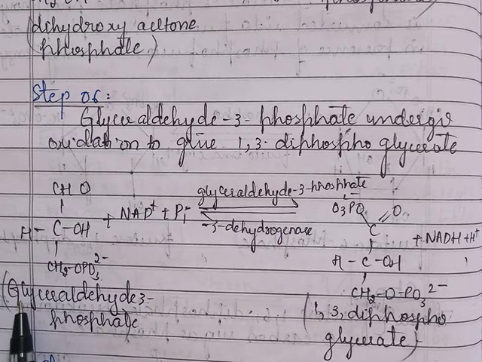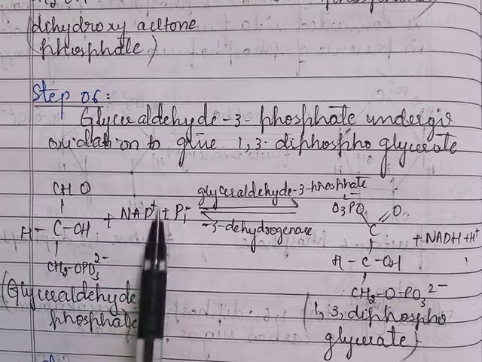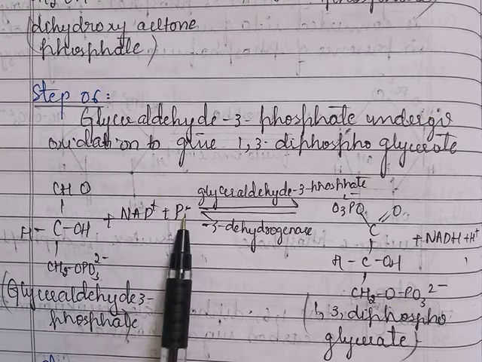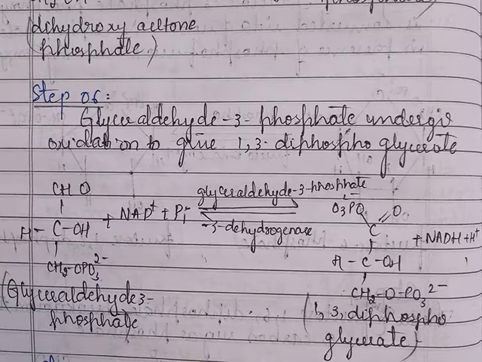So this glyceraldehyde 3-phosphate undergoes oxidation in the presence of NAD plus and inorganic phosphate to form 1,3-diphosphoglycerate. So that is the oxidation of glyceraldehyde 3-phosphate into 1,3-diphosphoglycerate.